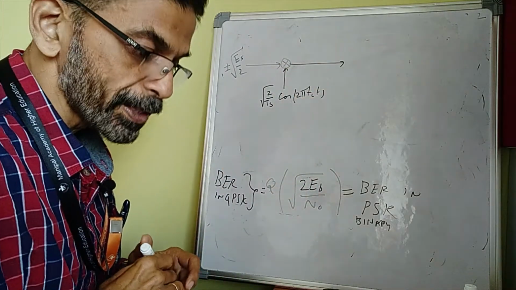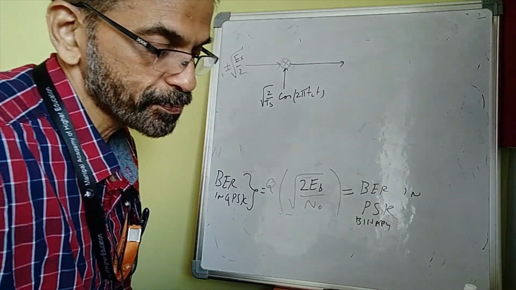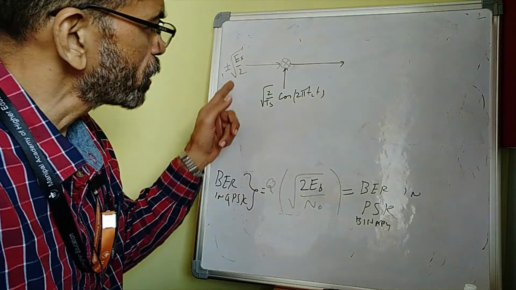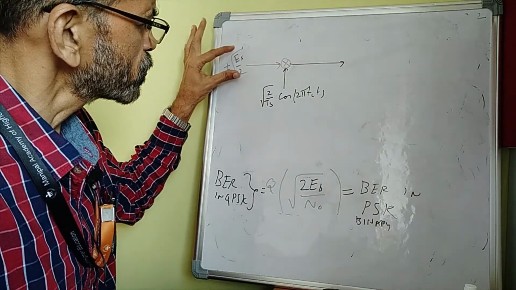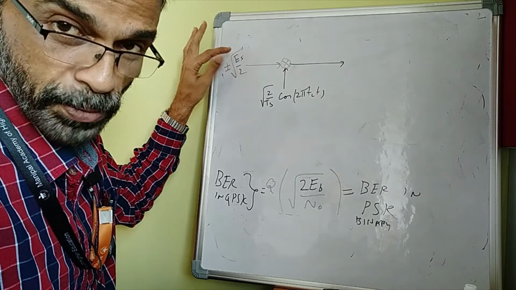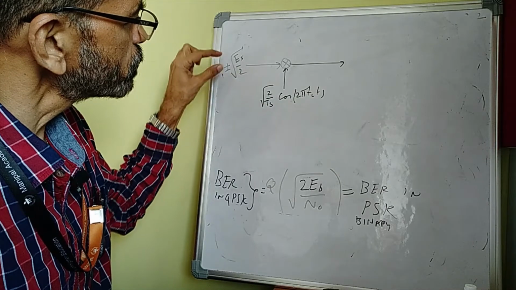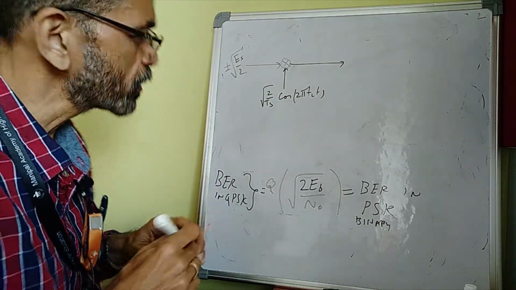If you take a look at that transmitter schematics, QPSK generation schematics, you will see that this is what happens in one of the arms. This represents one of the bits of the dibit. It is multiplied by a carrier, and this being plus or minus, what you get here is essentially binary PSK.